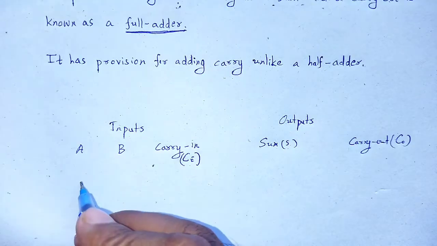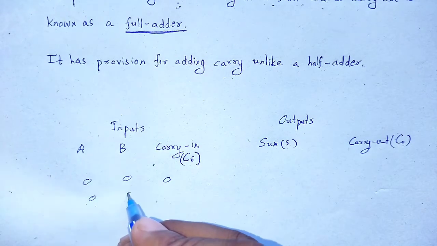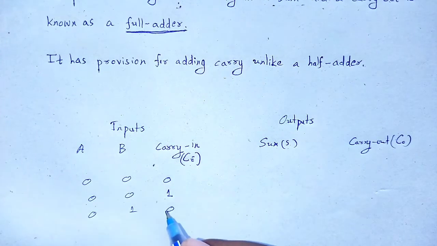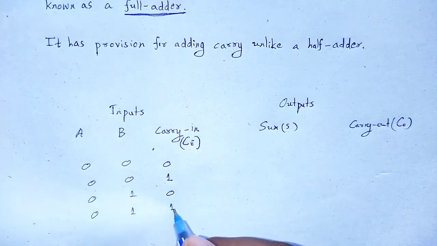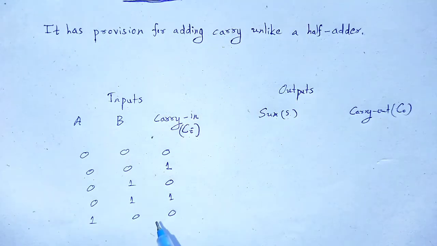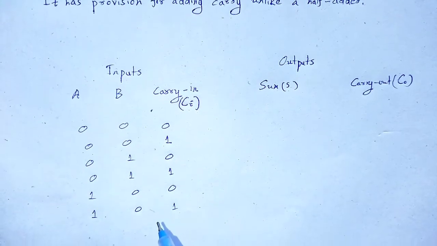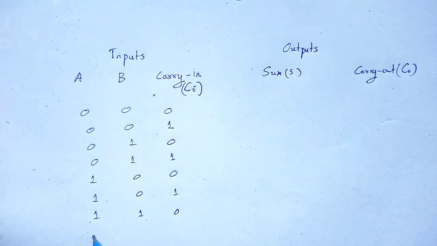The 3 inputs are 0 0 0, 0 0 1, 0 1 0, 0 1 1, 1 0 0, 1 0 1, 1 1 0, 1 1 1.